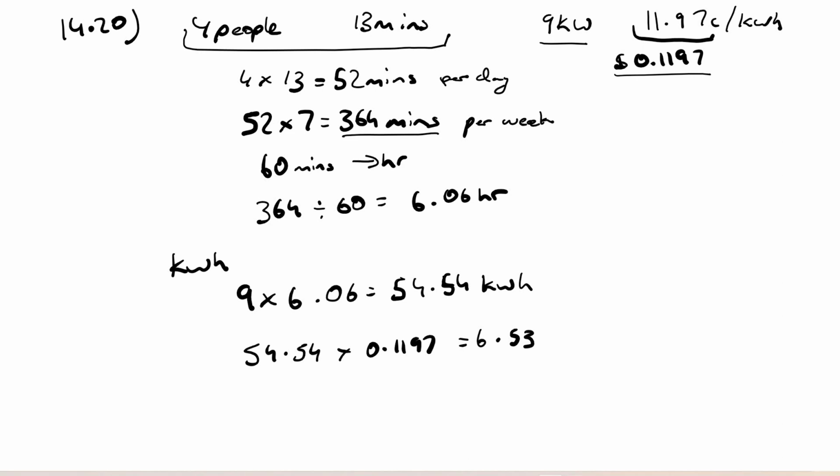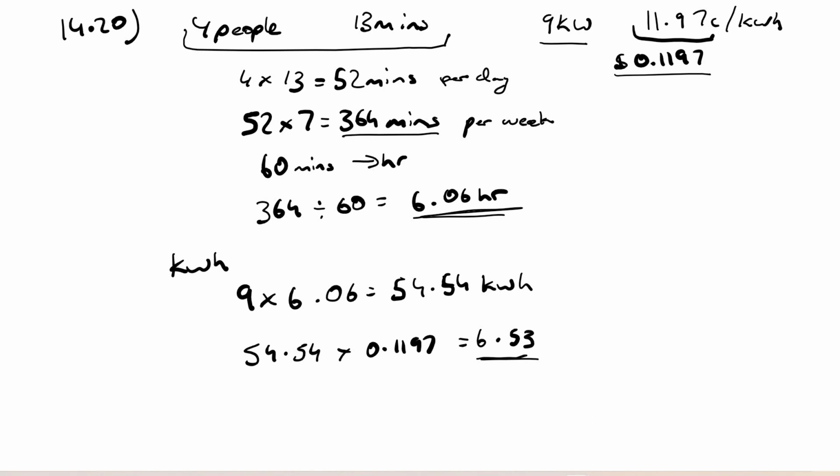And as you can see, again, I rounded early, and therefore I get an inconsistency because there isn't an answer that says $6.53. The correct answer, if I didn't round early, would be $6.54.